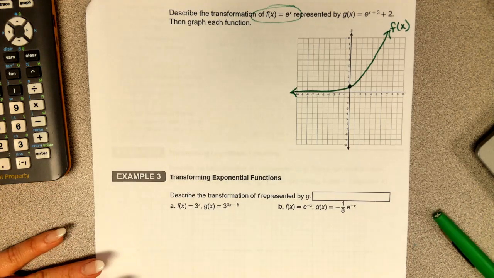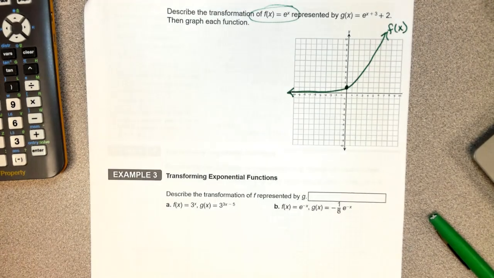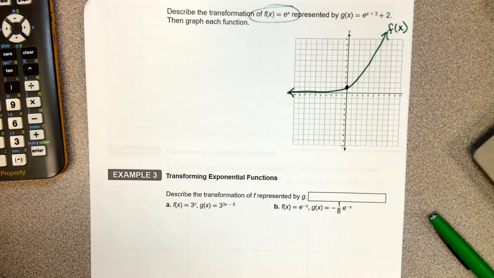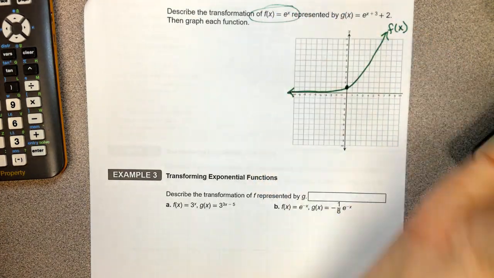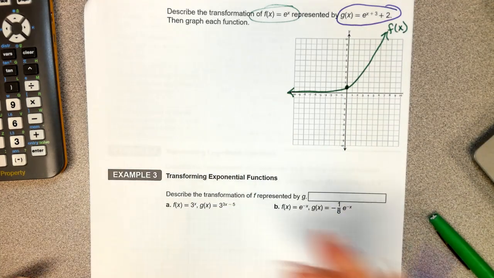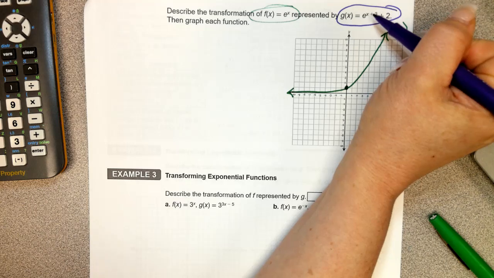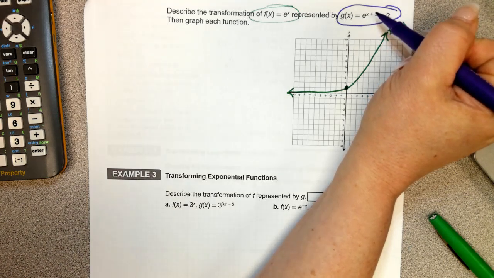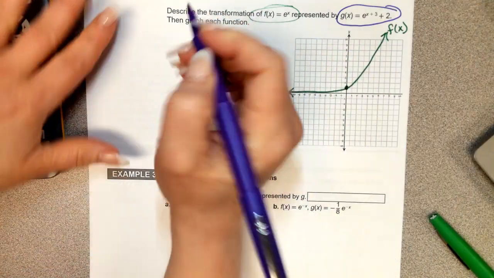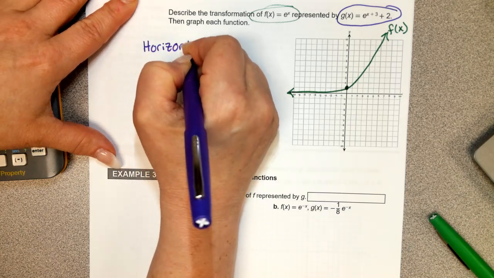Let's look and see what the transformations for this function are. So I'm going to turn the light on. I feel like it's better. The transformations of this function, we went from e to the x to g to the x. So I see that I have a +2 on the end, but before that I have a +3. This +3 is in the exponent. So since it's in the exponent, that happens to be a horizontal translation.